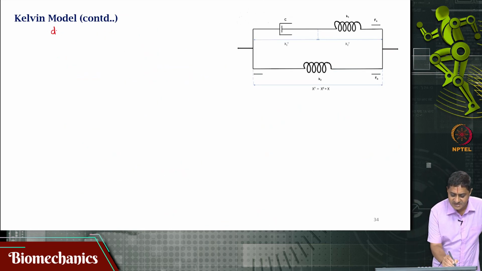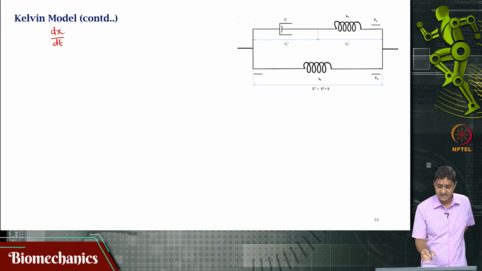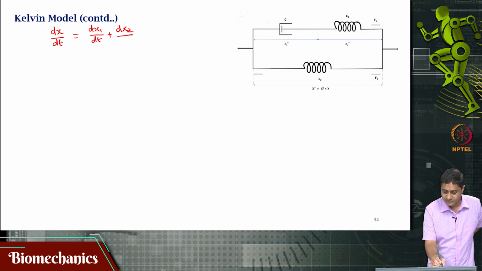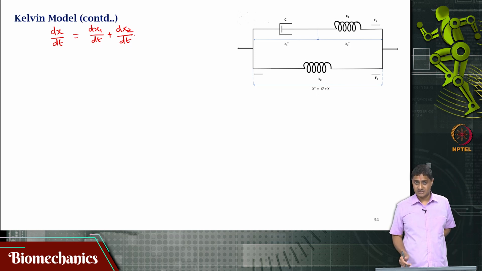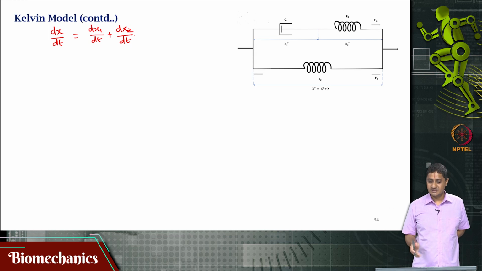Now, what is dx by dt? Because x is x1 plus x2, dx by dt is dx1 by dt plus dx2 by dt, or x1 dot plus x2 dot. In the previous slide, we derived what x1 dot and x2 dot are. Let us write it up.